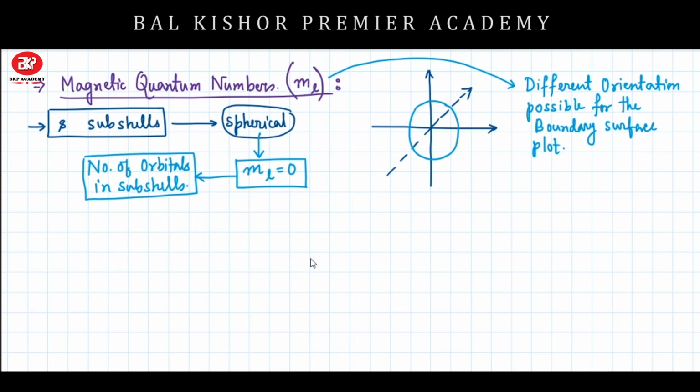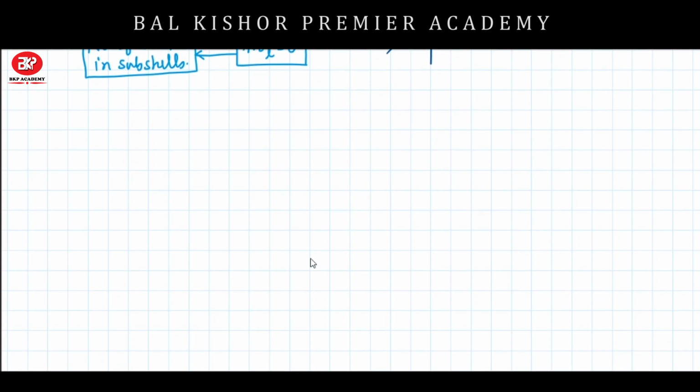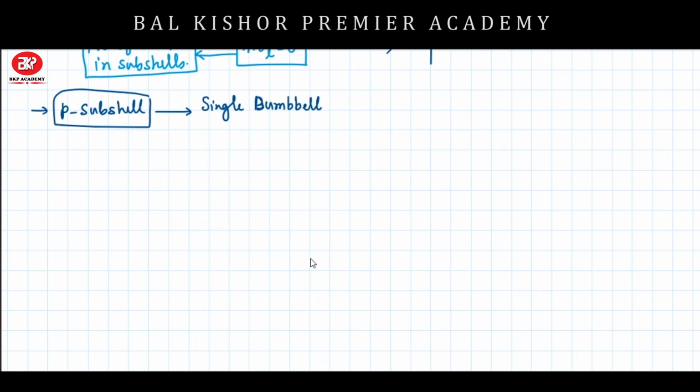Similarly, if we go for the p subshell, we know that the boundary surface plot is a single dumbbell shaped plot.